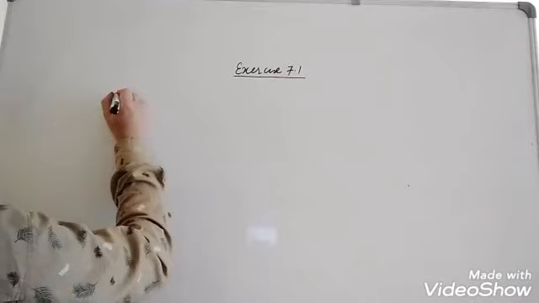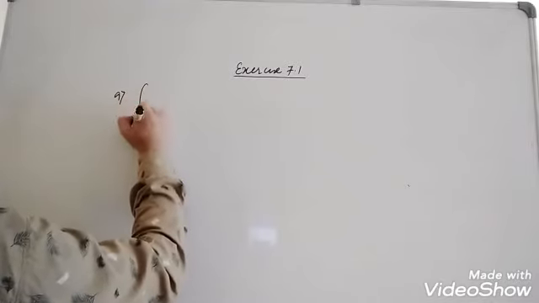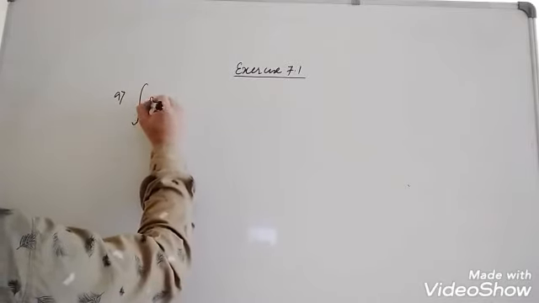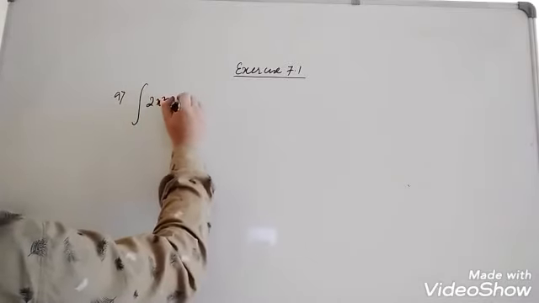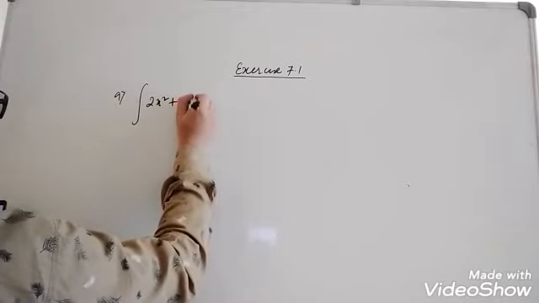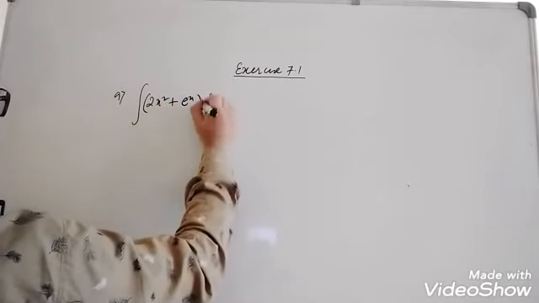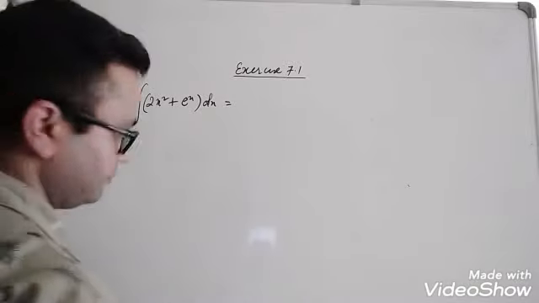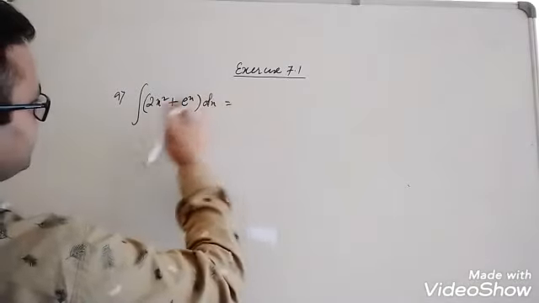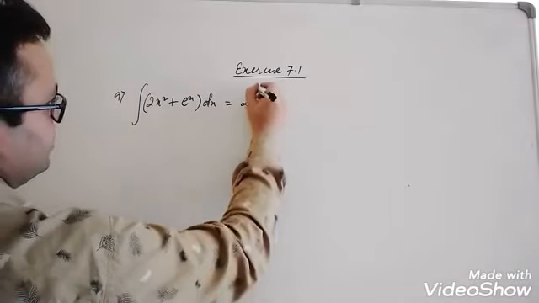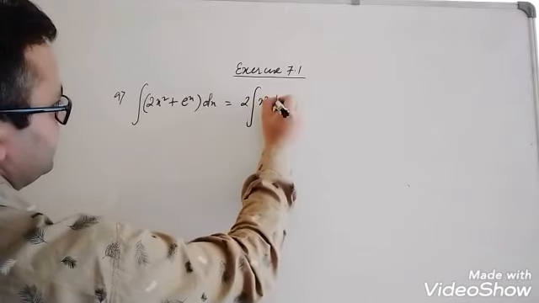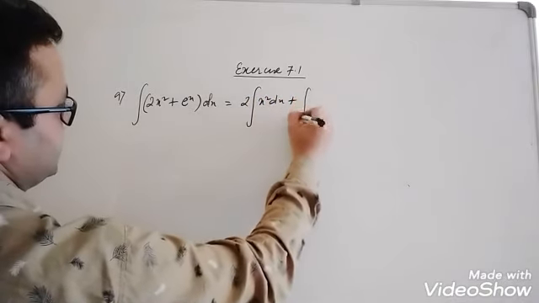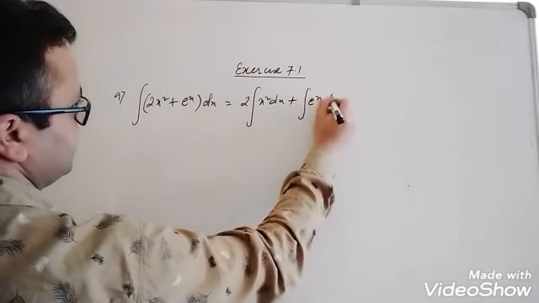Question number 9 is integration of 2x square plus e to the power x dx equals, now separate it first: 2 integration of x square dx plus integration of e to the power x dx.